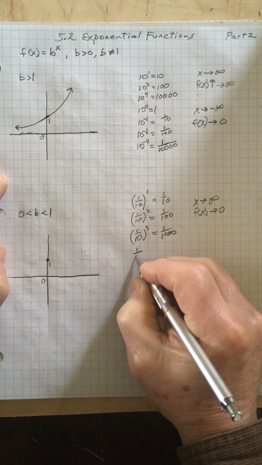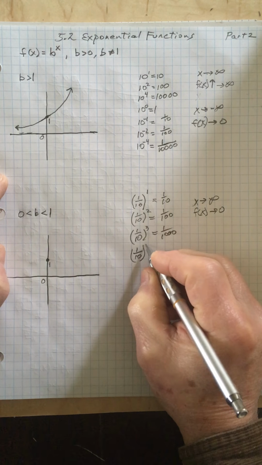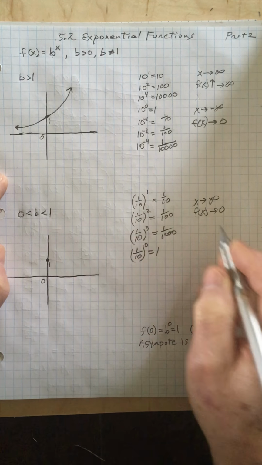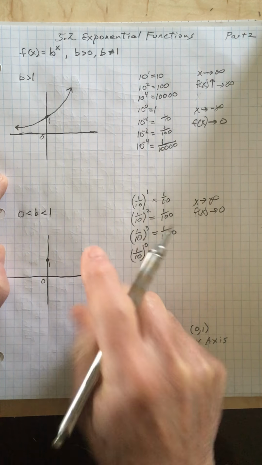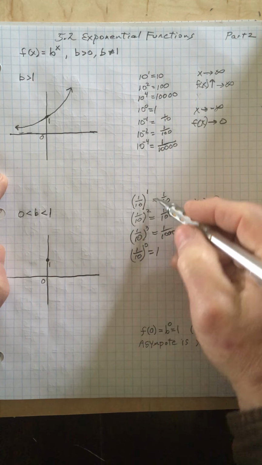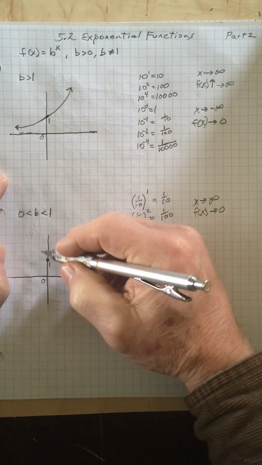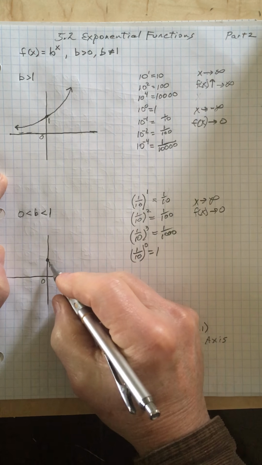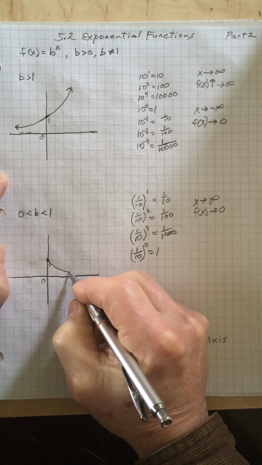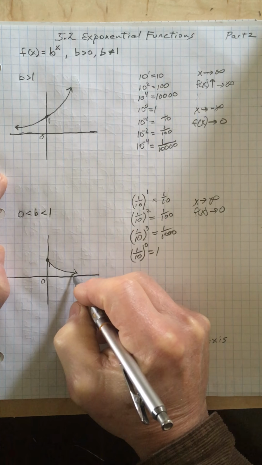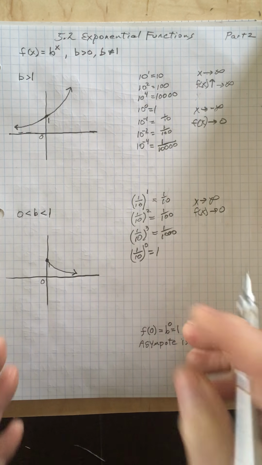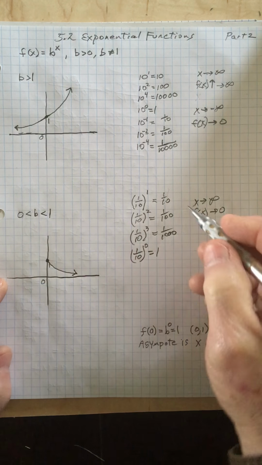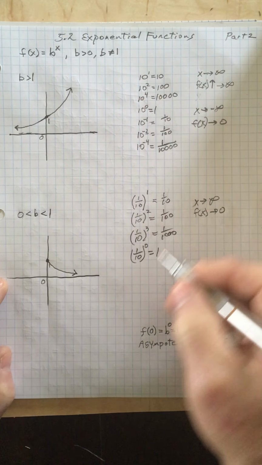Again, it doesn't matter what b is, at the 0 power it's always 1. So now we're starting at 1, but as we move out on x, we're actually getting smaller and smaller on the y values. So we're coming down like this. And again, you can see that the x-axis is still an asymptote. We'll never touch it. What happens on the other side? Well, the reverse of what we did here.